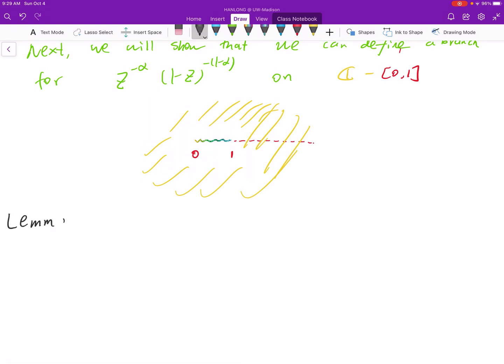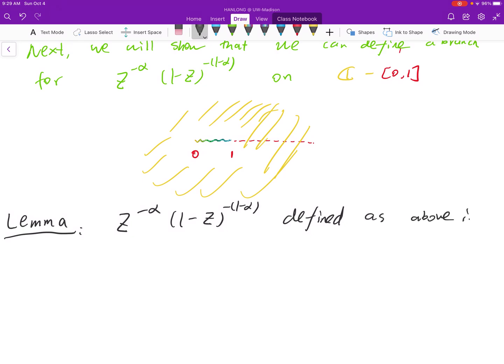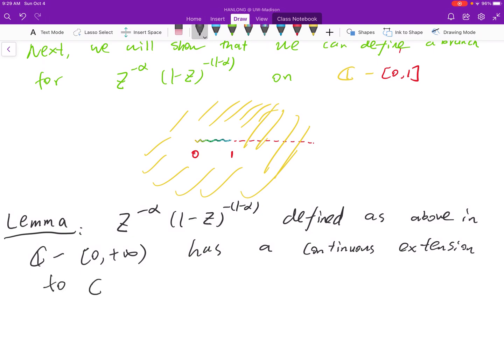Okay, now next we will rigorously prove this. So lemma: z to the negative alpha, 1 minus z to the negative 1 minus alpha, defined as above in a smaller domain C minus 0 to positive infinity, has a continuous extension to C minus 0, 1.